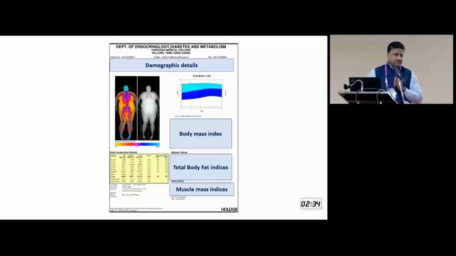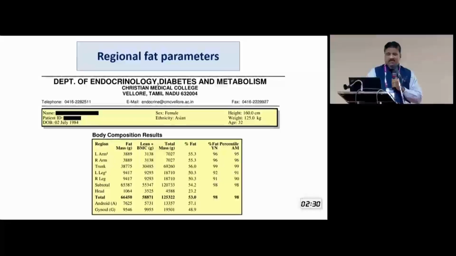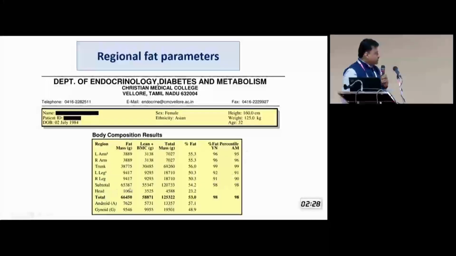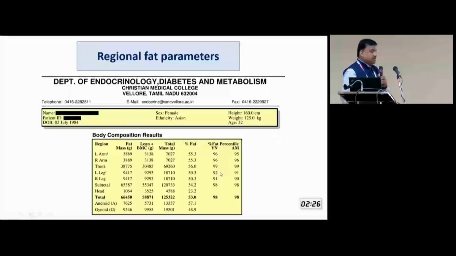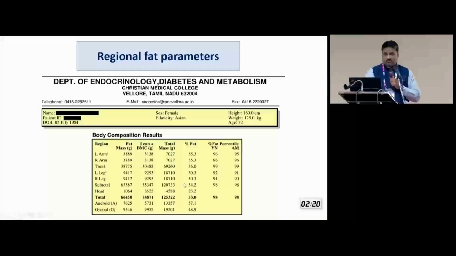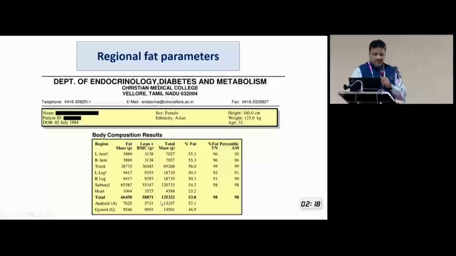The 5th aspect on a body composition is the regional fat parameters. This helps us understand how the fat distribution is there across different limbs and across the body. Now, just a couple of points before we look at the regional fat distribution. What we see here is a total mass.